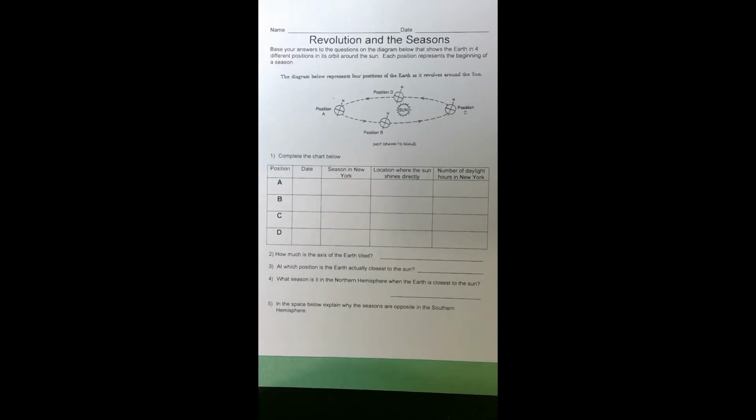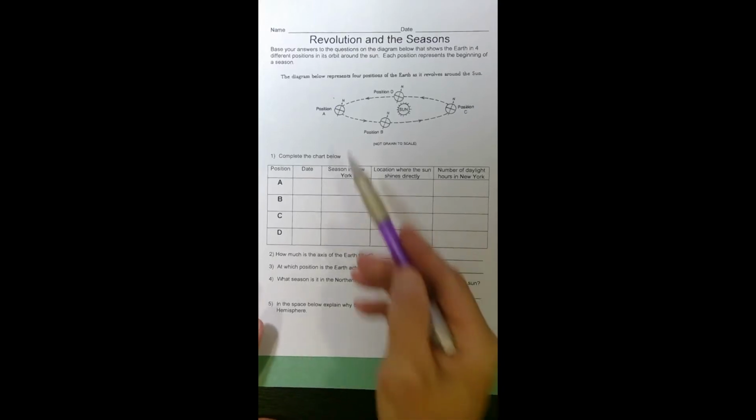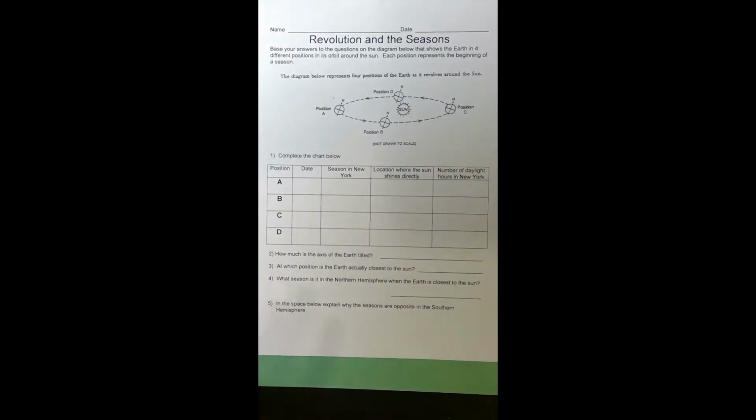Another thing you can see from this diagram is at each of the lettered positions, A, B, C, and D, all four of those positions have the North Pole tilted or inclined in the same direction, which is towards Polaris. They describe that as parallelism of the axis. That would be another reason for the seasons.